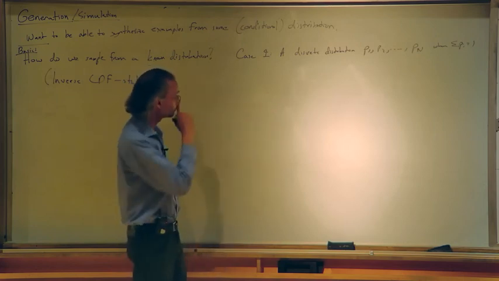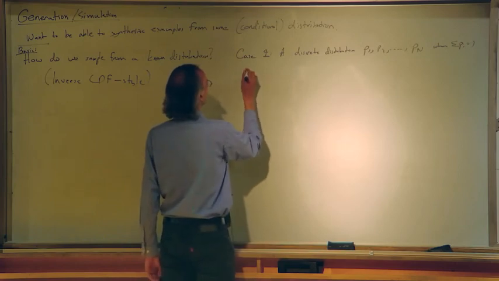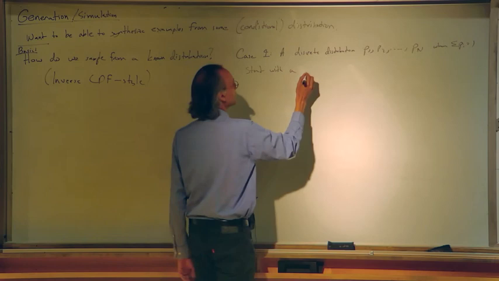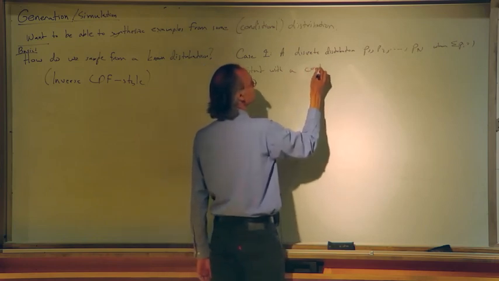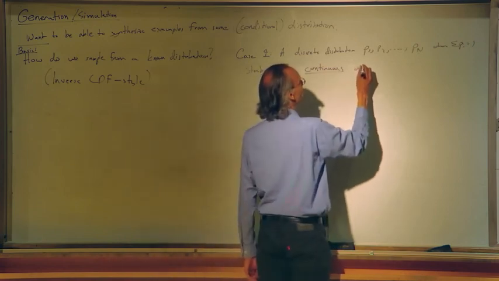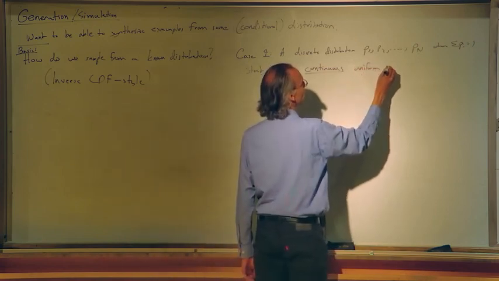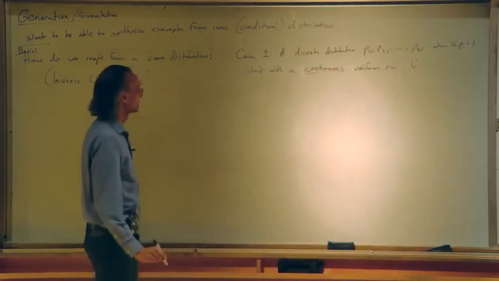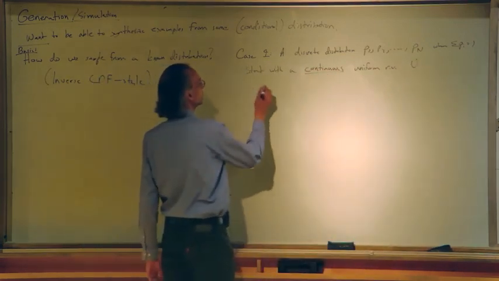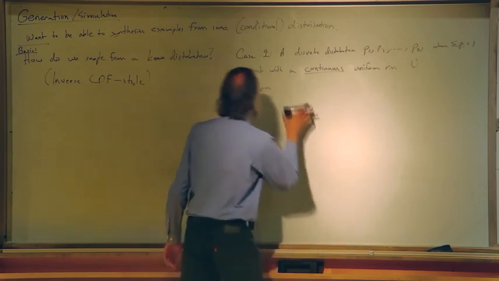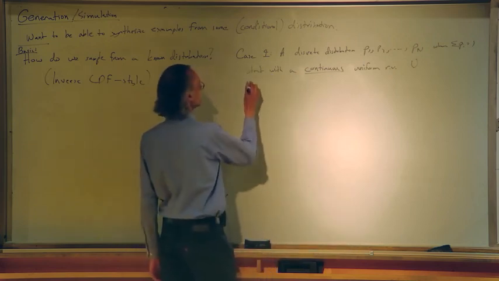So the idea is, start with a continuous uniform random variable U. Then compare.